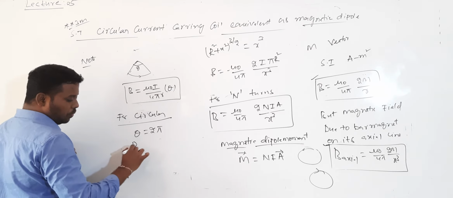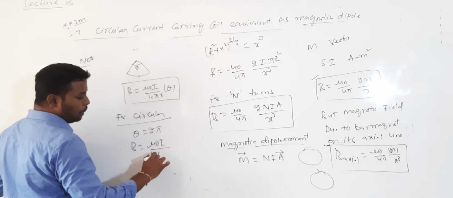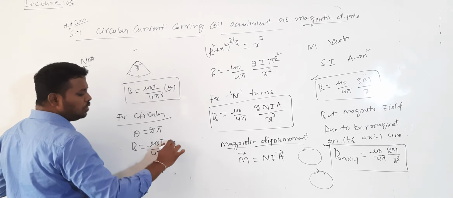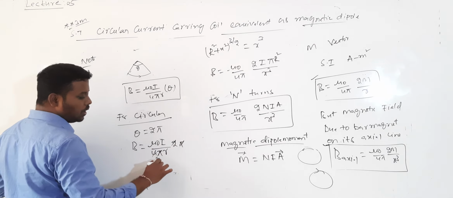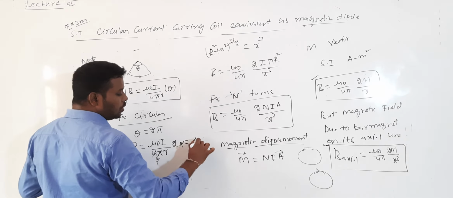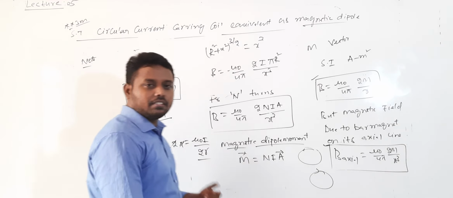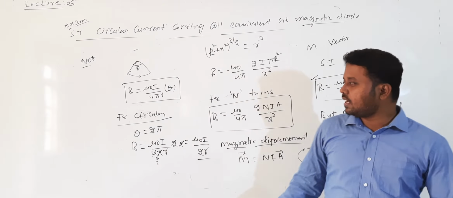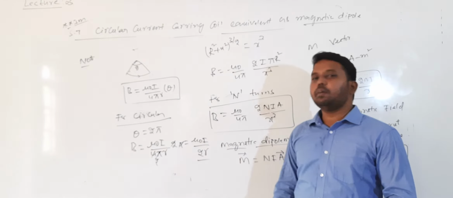When theta is 2 pi, what is the B value? Mu naught I divided by 4 pi r into 2 pi. So the 2s cancel and the pi's cancel. Then what do I get? Mu naught I divided by 2r. Can you remember the expression? Due to a circular coil, at the center, the formula is mu naught I divided by 2r.